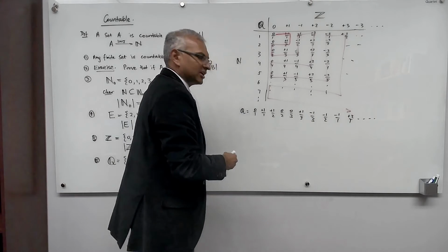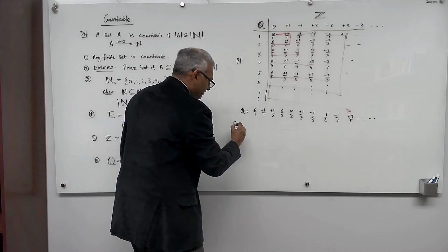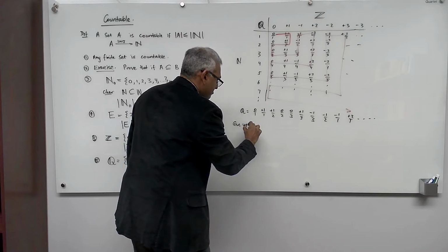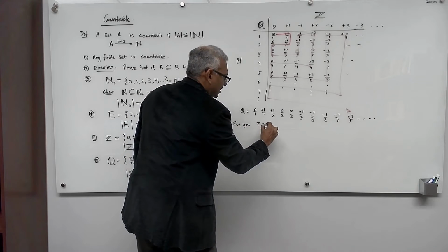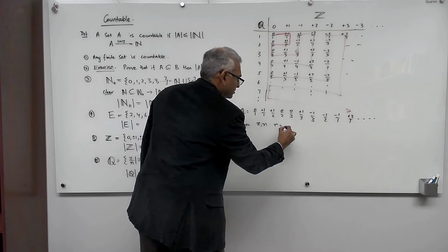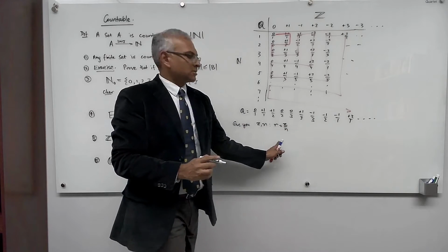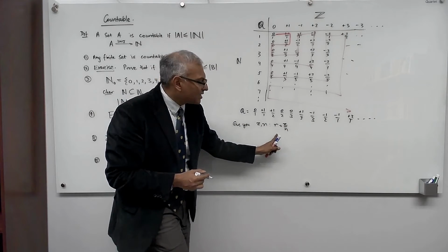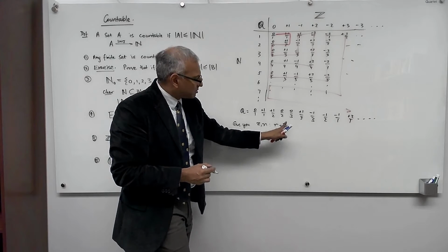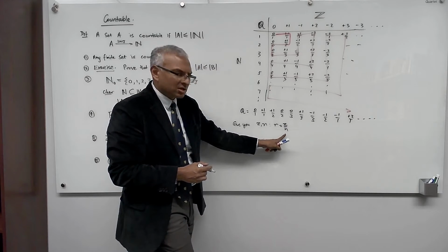Challenge. If I give you a rational number, z over n, find a function: figure out where this rational number z over n is in my list.